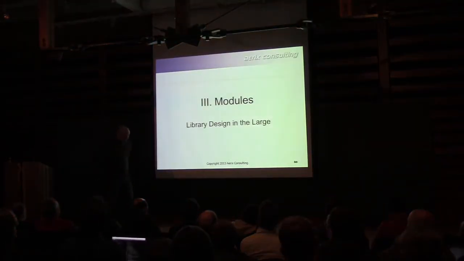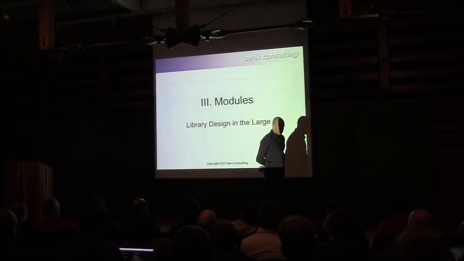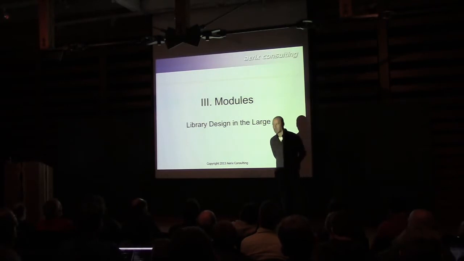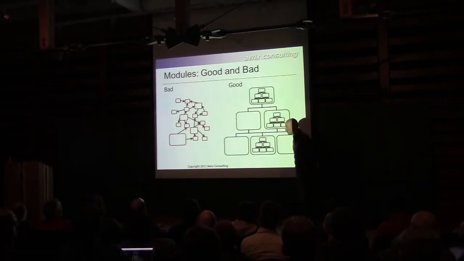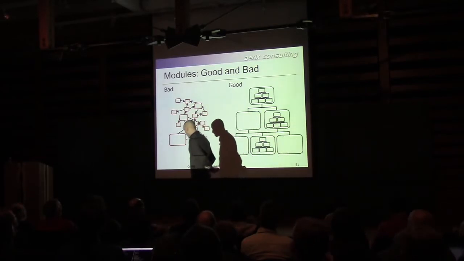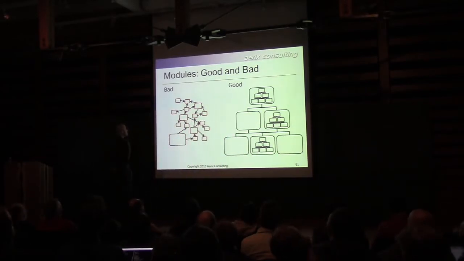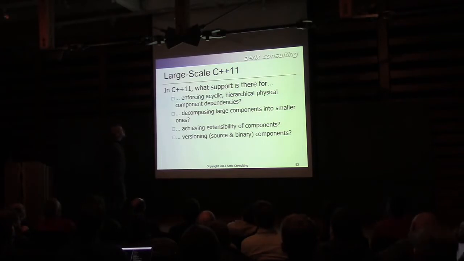So now I just want to talk about modules and larger scale design issues and what C++11 has to say about them. So here's an example of good modules and bad modules. I'm going to hope that's not controversial. So what does C++ have to offer for enforcing, say, acyclic hierarchical physical component dependencies?